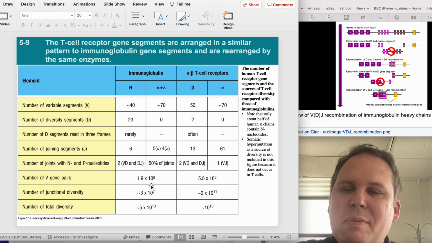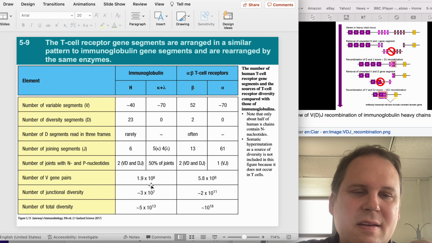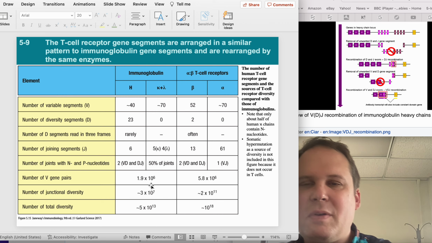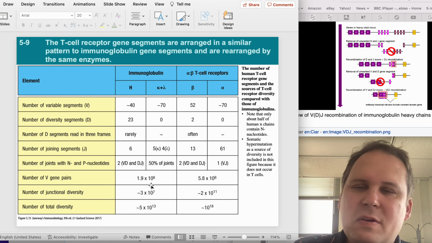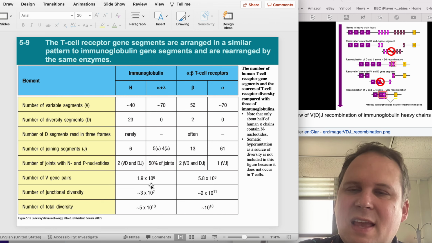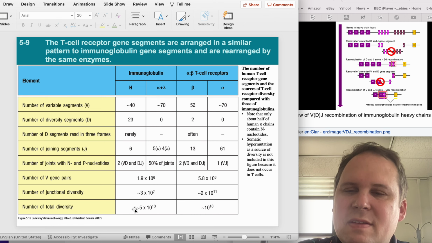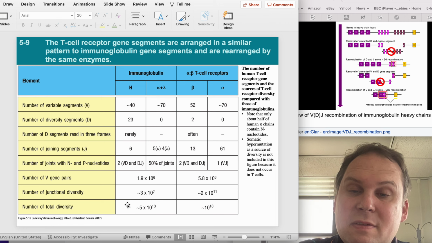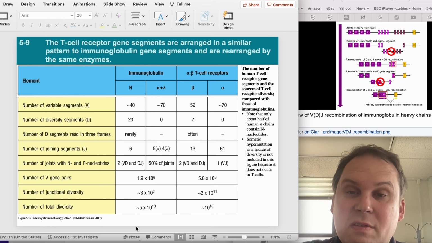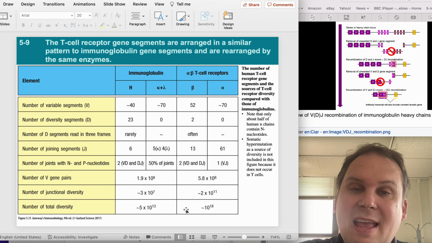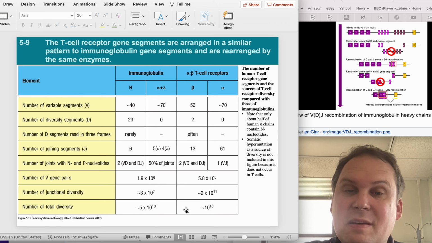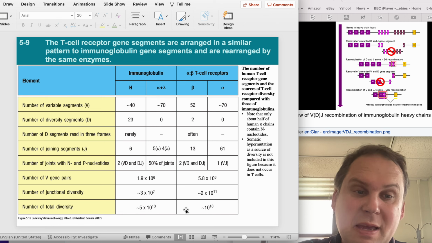If you have a particular set of variable genes hooked up in some way to diversity and join and constant regions, what you end up with is around 10 to the 13th potential antibodies that you can make, and around 10 to the 18th potential T cell receptors that you can make, just the alpha betas.